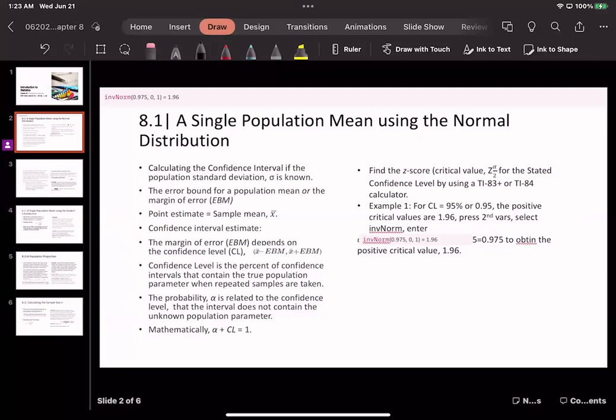To start estimating the population mean, we need a starting point, which we call the point estimate. It is the sample mean, X bar.